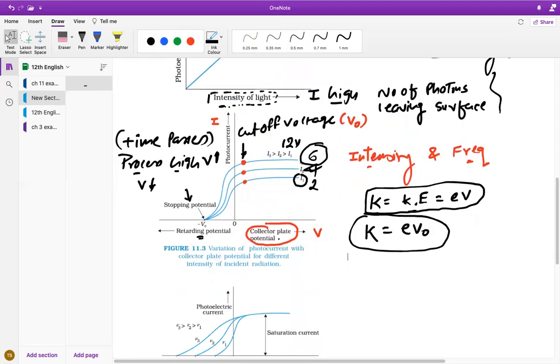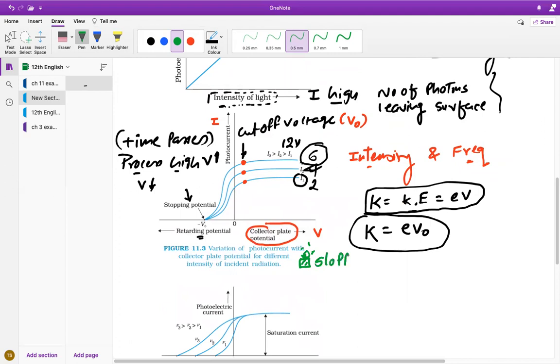Chalo. So we concluded one more thing over here, that our stopping potential is only dependent on what?